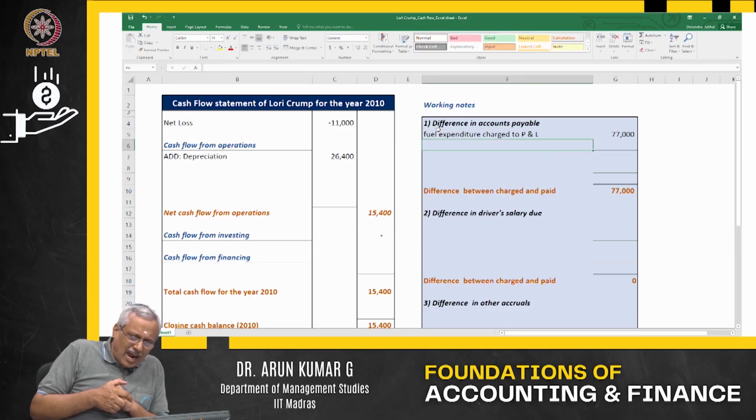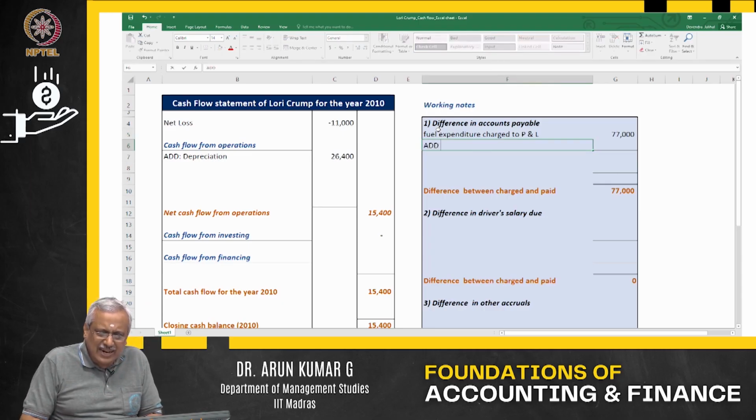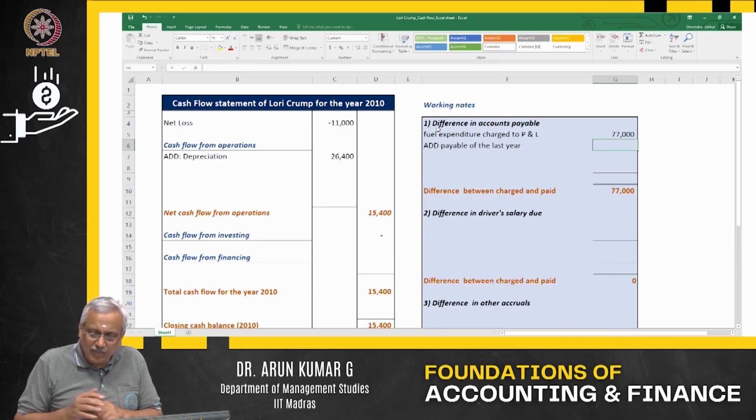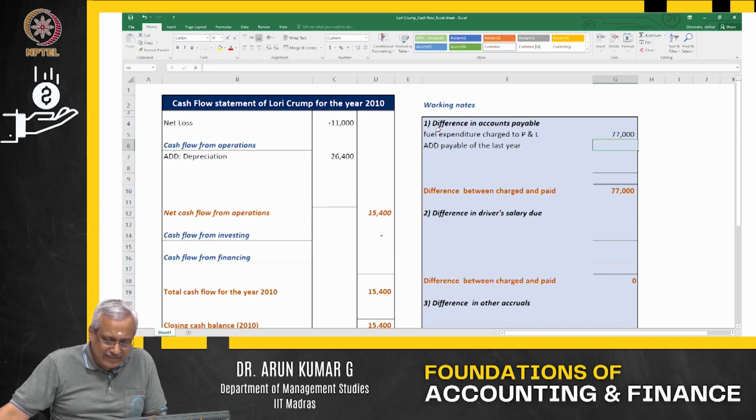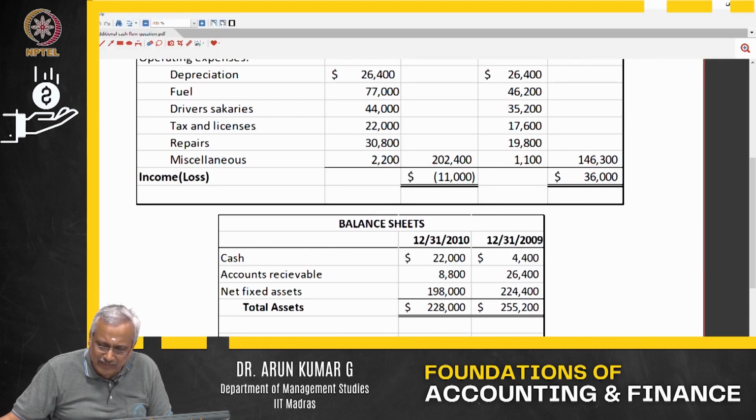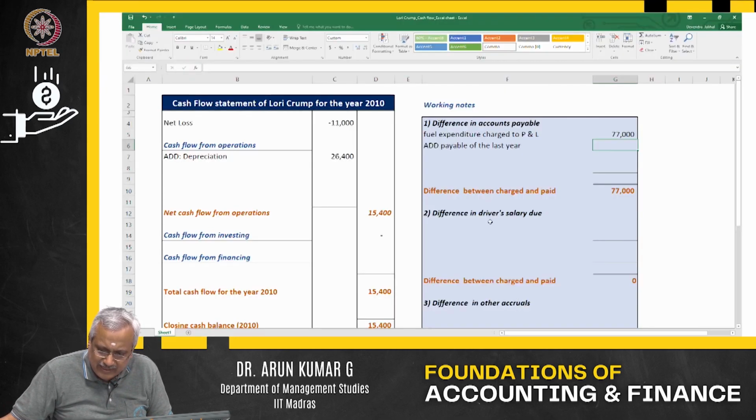What was the amount that was due at the end of last year? Add the payable of the last year. How much is the payable of the last year? We see this in the balance sheet. The payable of the last year is 22,000. I am adding that payable.